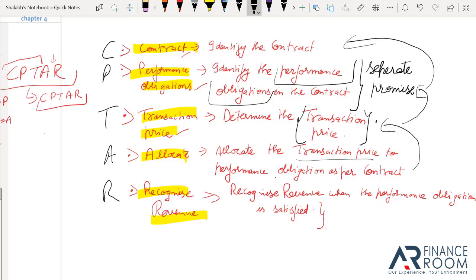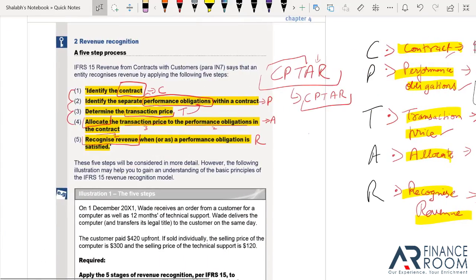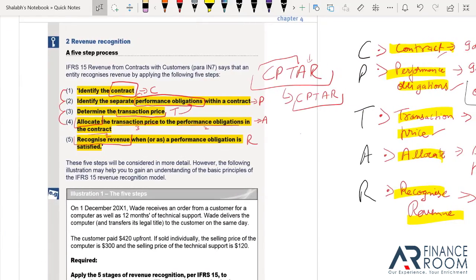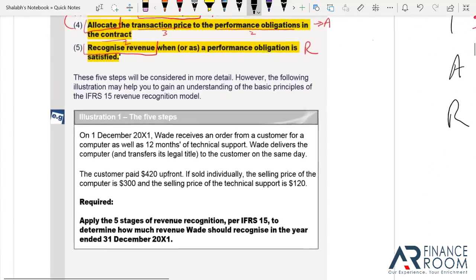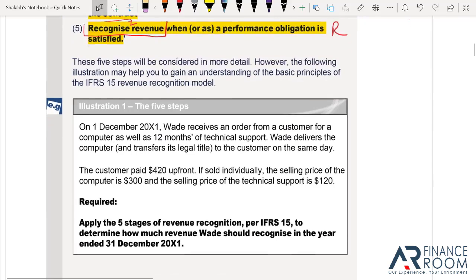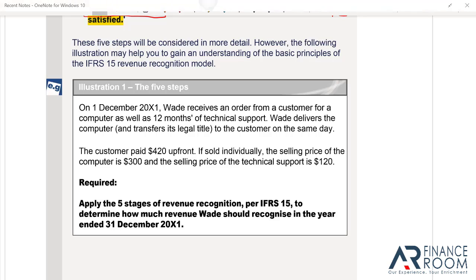And then you recognize the revenue eventually in your books of accounts. So this is how the 5-step model is. All right, let us go through this illustration. This is a comprehensive illustration which talks about all the 5 steps. So let us go through it.